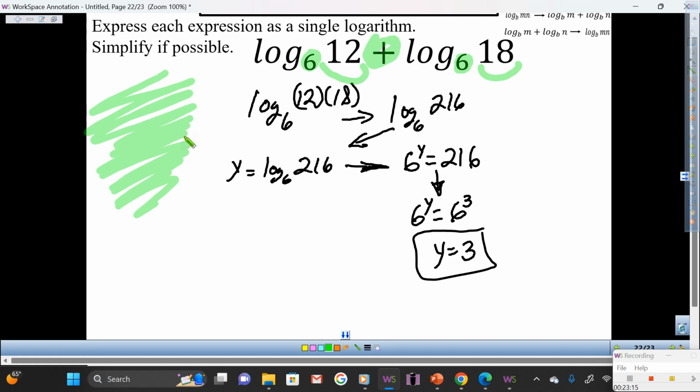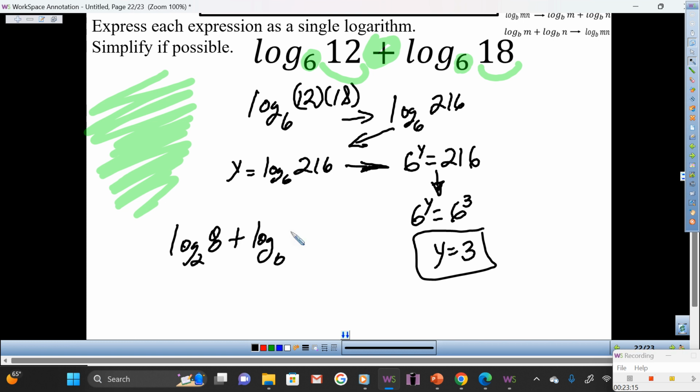Yeah, this only works if they have what? The same base. So what are you saying, Mr. Q? That if they don't have the same base, we can't do that? Of course. If I gave you log base 2 of 8 plus log base 6 of 18, I can't use this product because they're not the same base. That makes sense, yes?